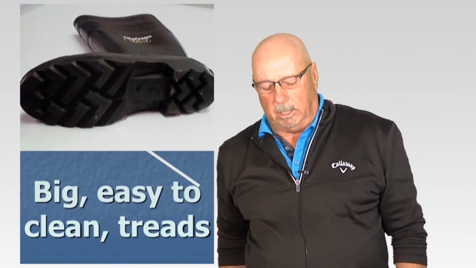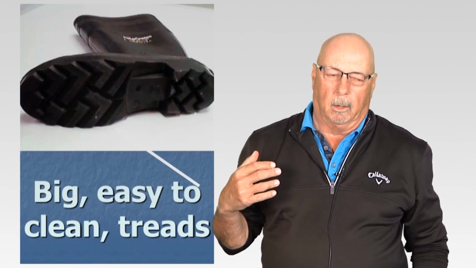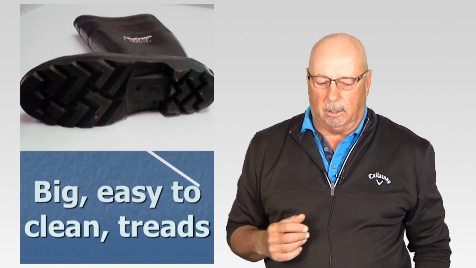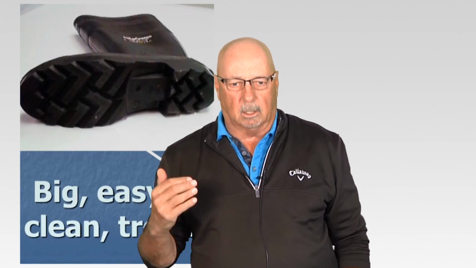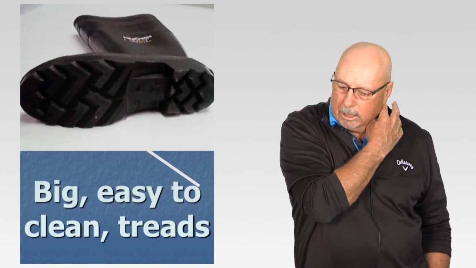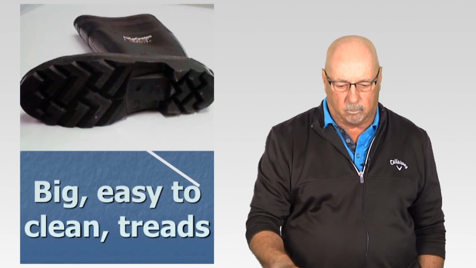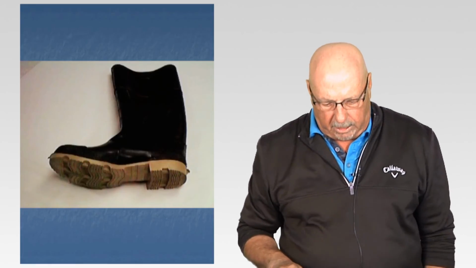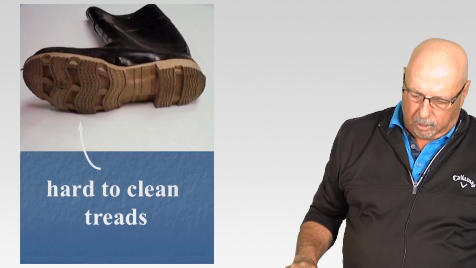Oftentimes we'll use these types of protection on our hazardous waste sites. The environmental people, you as well, at some point may have a need to go out and work on these sites during cleanups, where you have to wear this protection in accordance with the 1910.120 standard. You can see here's a picture of a boot that has a poor tread, hard to clean.